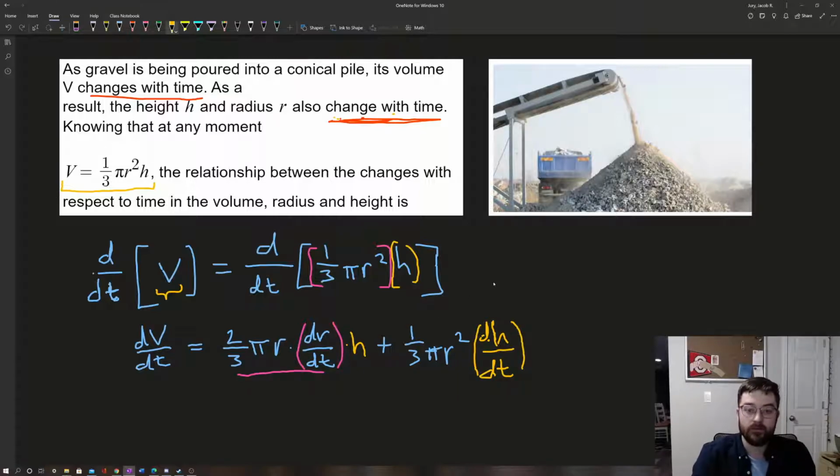So we have the relationship not only between volume, radius, and height, but we have a relationship in terms of the derivative: the change in volume and the change in height and the change in the radius with respect to time.